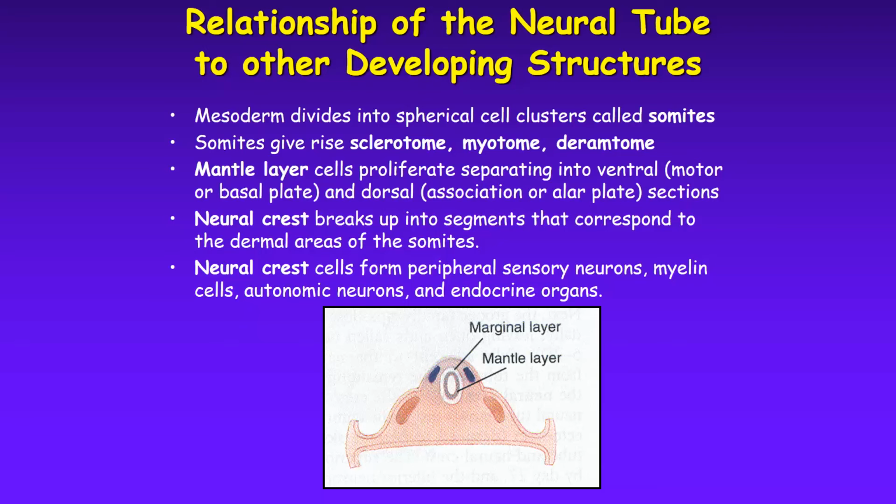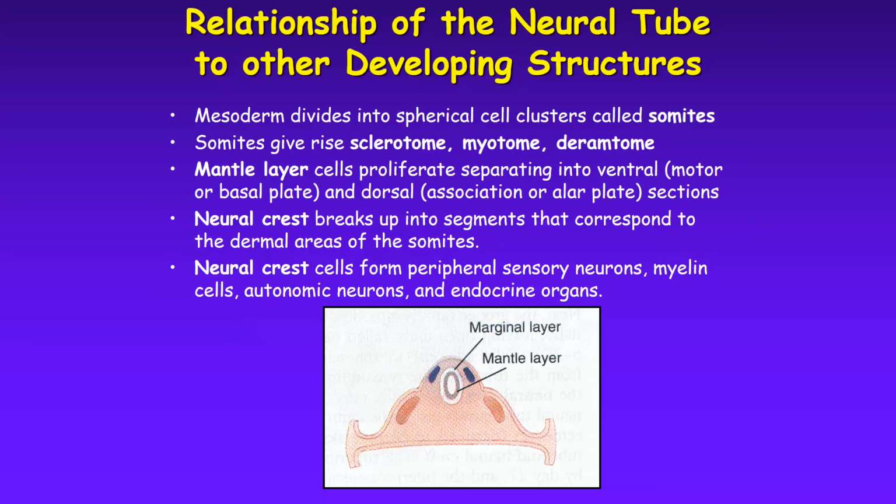These give rise to sclerotomes, dermatomes, and myotomes. Mantle layer cells proliferate, separating eventually into the motor and basal plates, or the association or alar plate. So that mantle layer is going to subdivide into the motor and sensory or association plates.